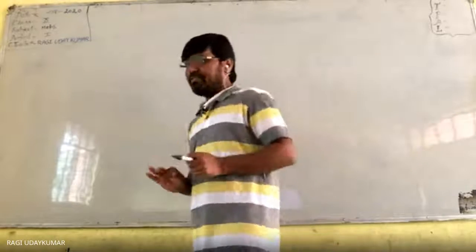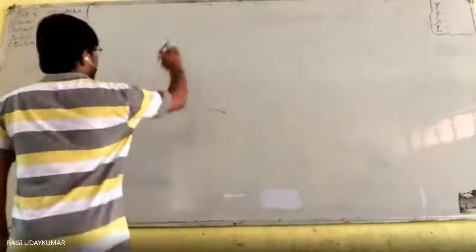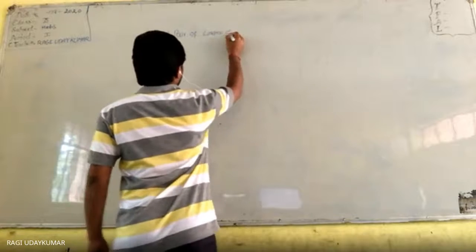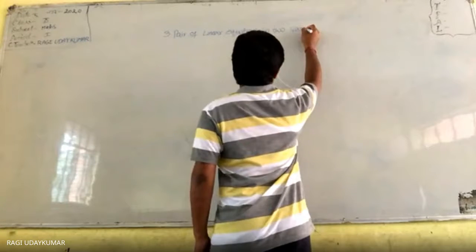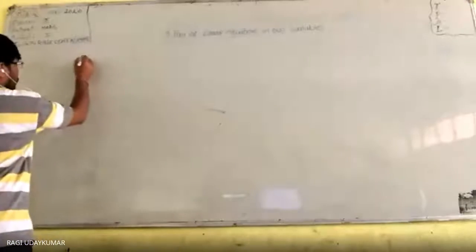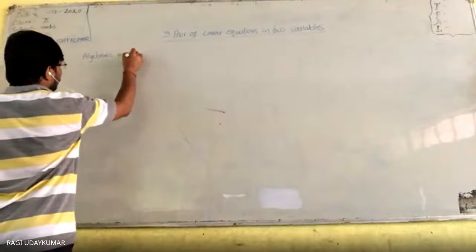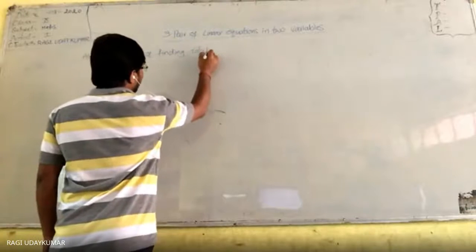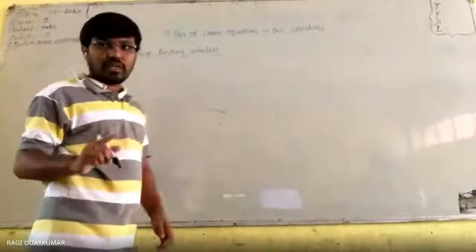Now, to solve a pair of linear equations in two variables, there are different methods. Those are algebraic methods. Geometrically solving has only one method, called the graphical method.